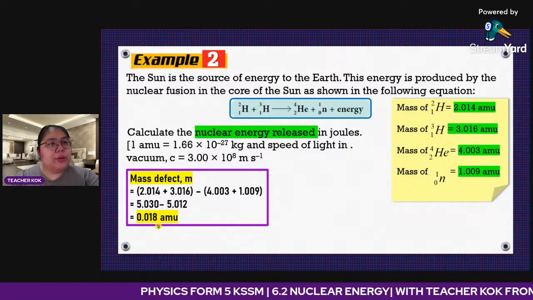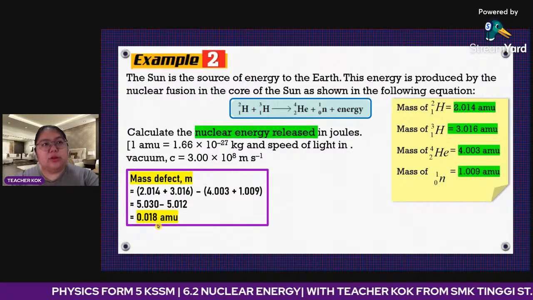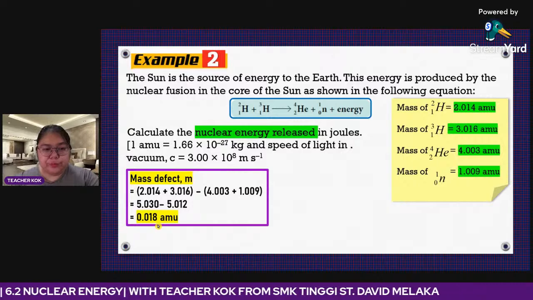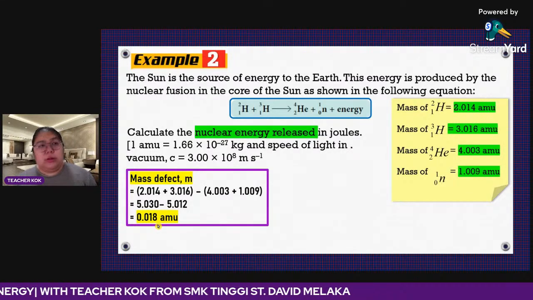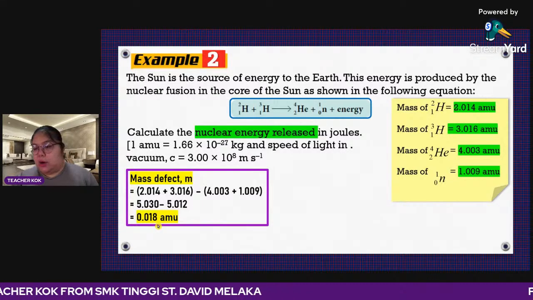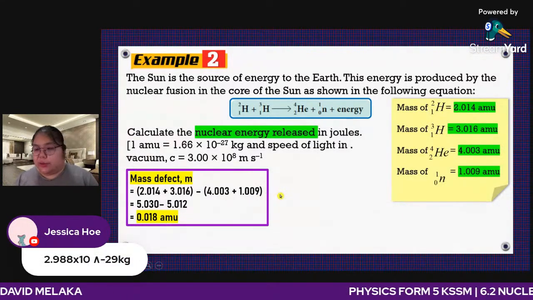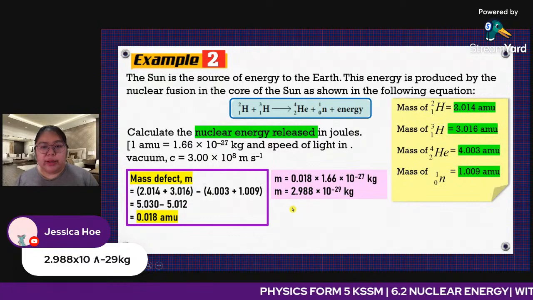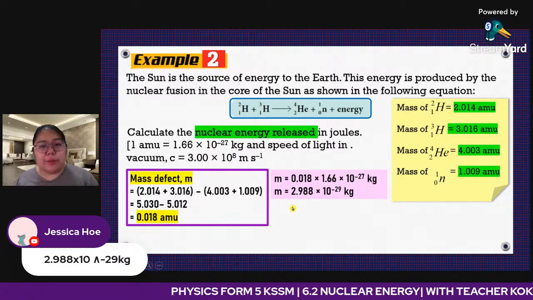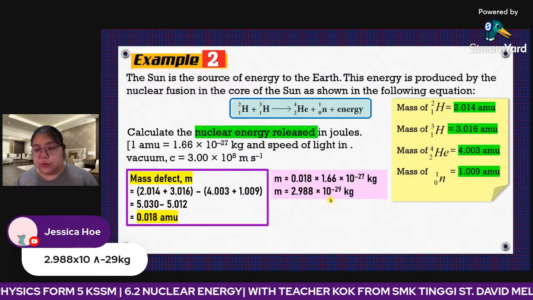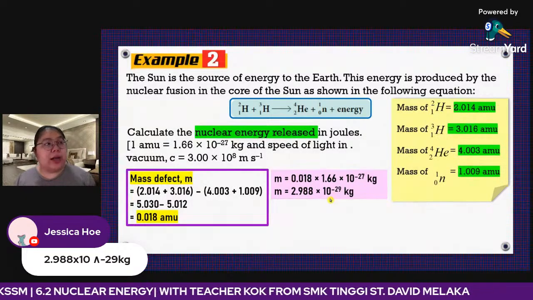After you convert to kilograms, then you can go to E equals mc squared. Jessica gave me already: power of negative 29, and then we check. 2.988 times 10 power of negative 29 kilograms. So this should be the answer.